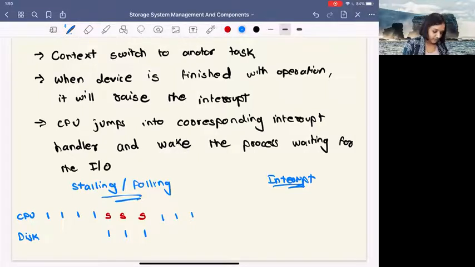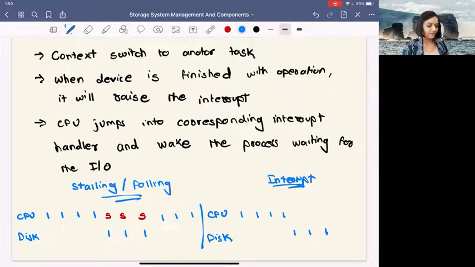Now, in case of interrupt, we still have our CPU and disk as our two entities, and thinking of that same scenario, what happens is we have our CPU processing something until it doesn't need any more data, but as soon as it comes to this part where it wants to read some data from the disk, the disk is busy working on process one for another 3 seconds.